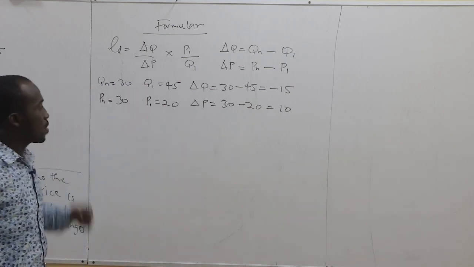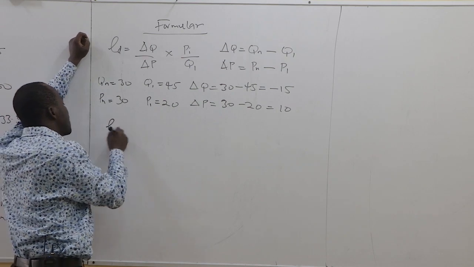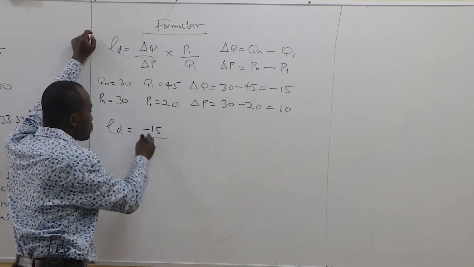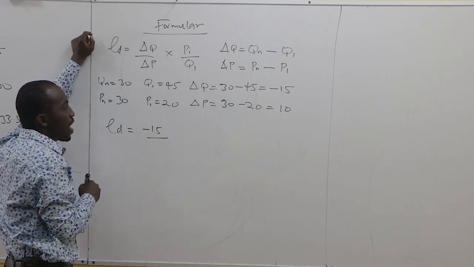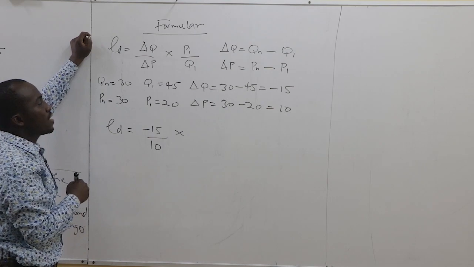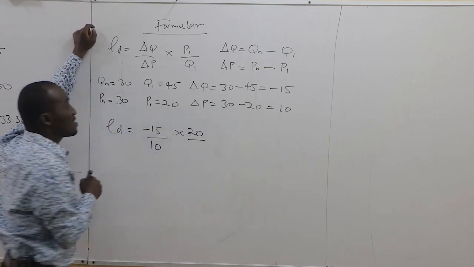So when you finish, you have to fix them back into the formula. The formula says the change in quantity. What is the change in quantity? Negative 15. What is the change in price? The change in price is 10. What's the initial price? The initial price is 20. And what is the initial quantity?